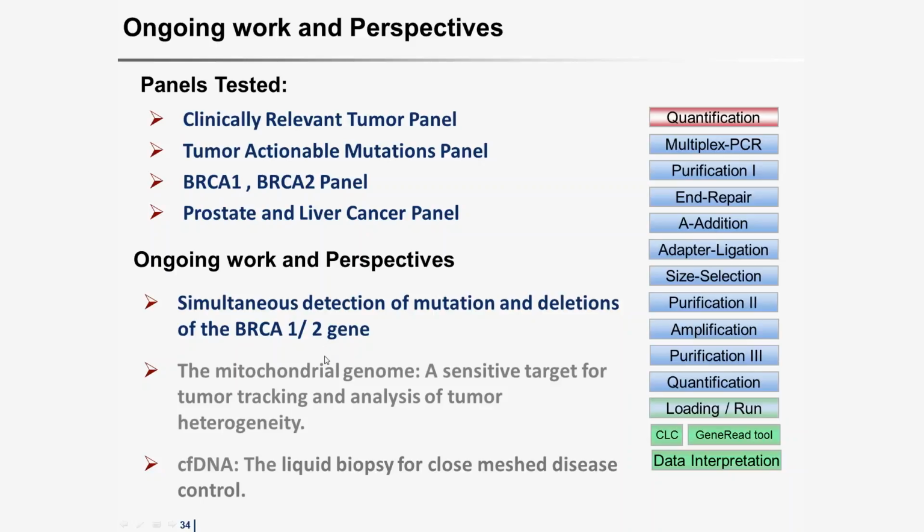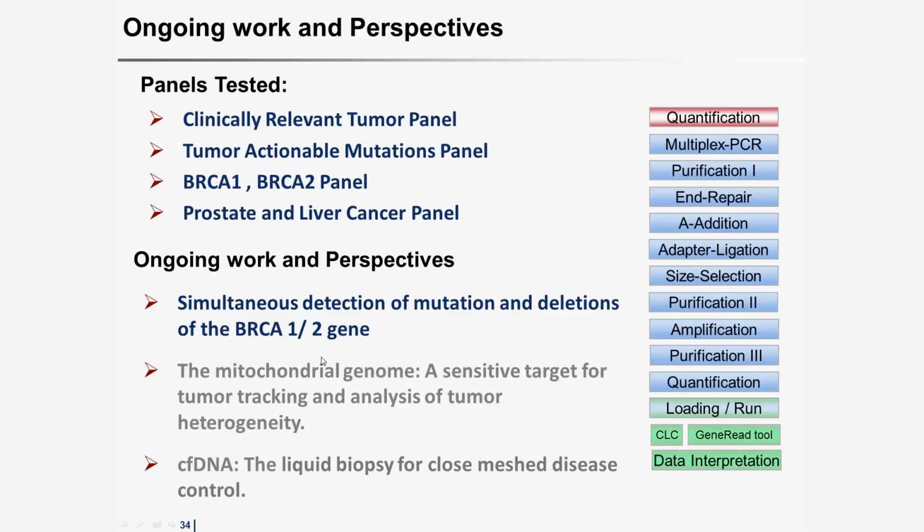However, the genes cannot only be inactivated by mutations, but also by large deletions covering sometimes more than one exon. And up to now, these deletions are identified by multiplex ligation-dependent probe amplification assays. These are assays based on a probe linked to PCR amplification.